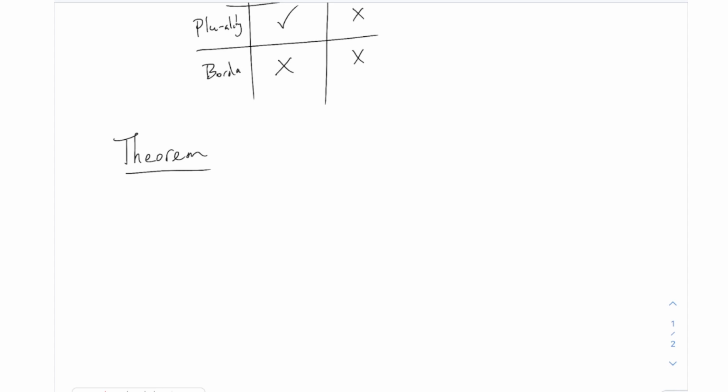We can actually explain why it's true. If some system satisfies the second one there, the Condorcet winner criterion, then automatically it satisfies the other one. Then it satisfies the majority criterion.